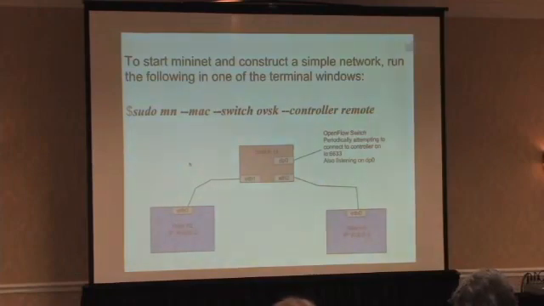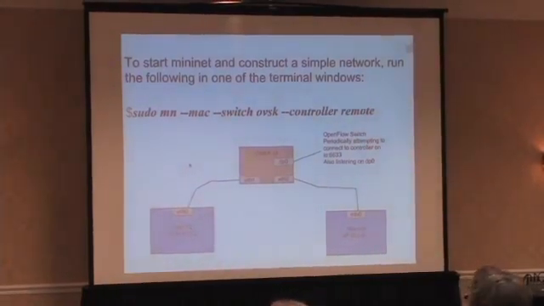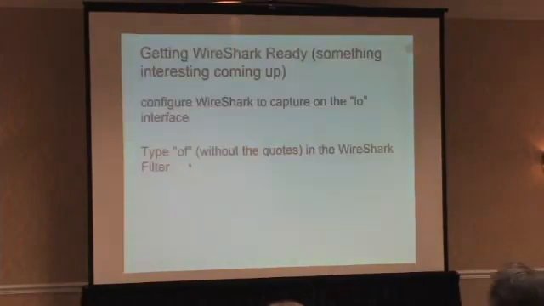So we're actually going to go do something useful right off the bat. You need to go into your web browser and maneuver yourself to the Wireshark menu, and you want to tell Wireshark to capture on the LO interface.